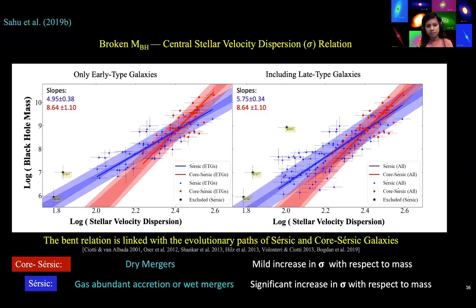So they end up defining a relatively shallower relation between black hole mass and stellar velocity dispersion. And that is why we see a division on the black hole mass versus stellar velocity dispersion relation.